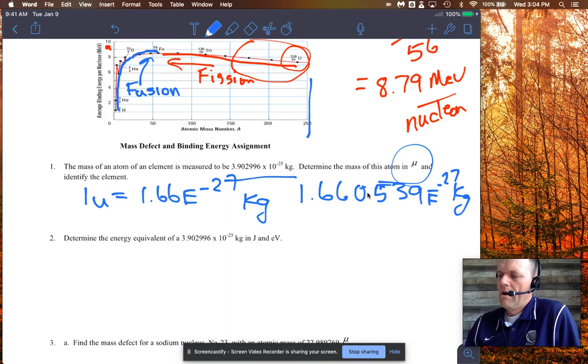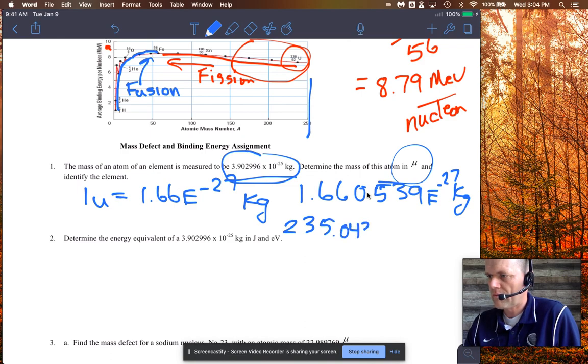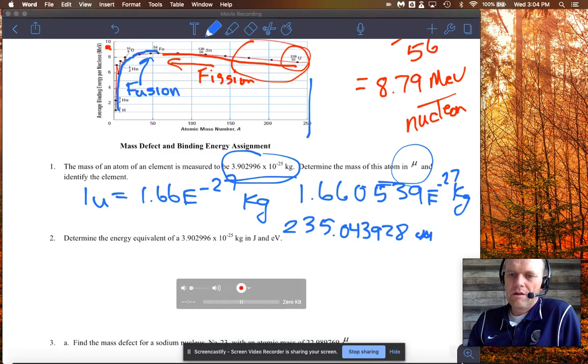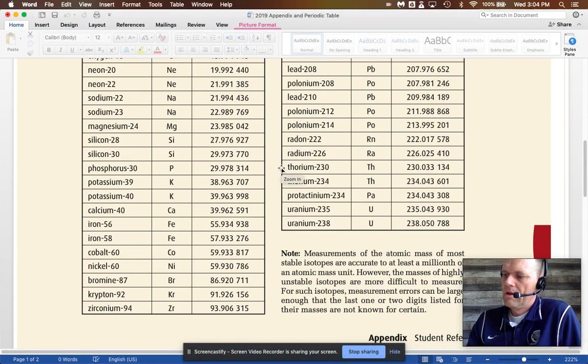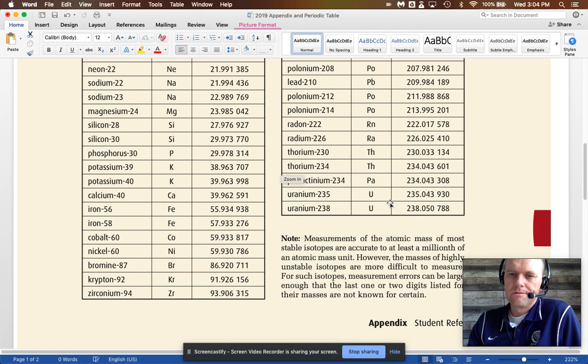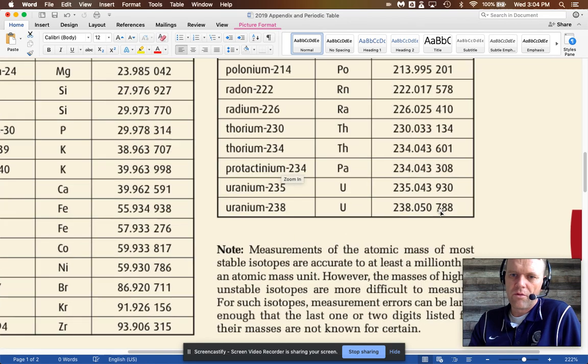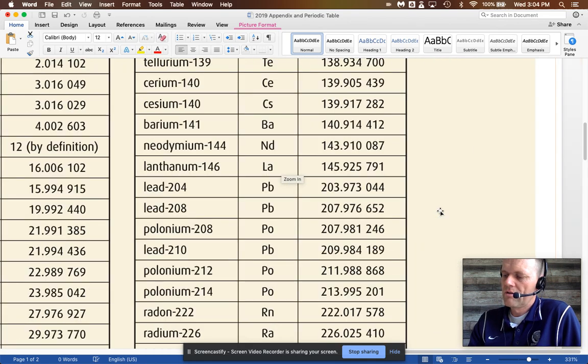So anyway, you just convert this into atomic mass units. And when you do that, you will get 235.043928 atomic mass units. Well, that's great, but what the heck is that? So this is where you would pull up your reference sheet, and then you go looking for it. And look, I got 0.0235.